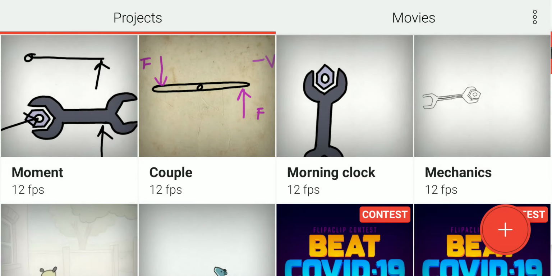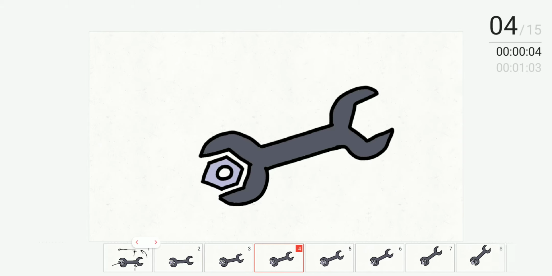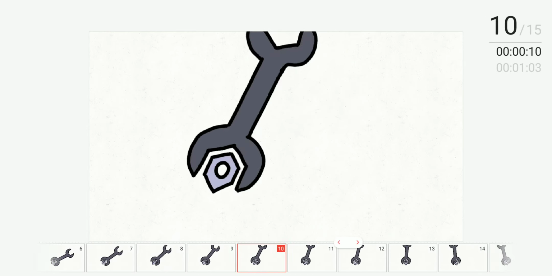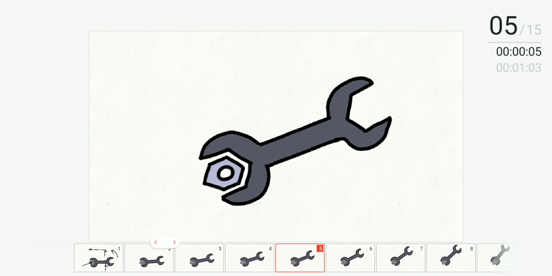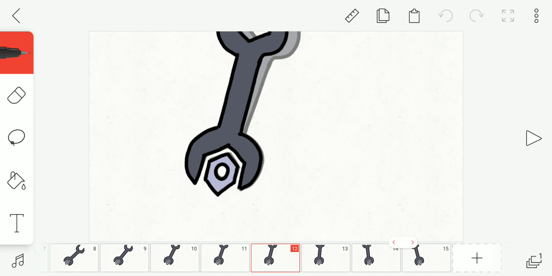You have seen very clearly what happened to the wrench. The wrench started rotating in anti-clockwise direction. When I apply the force, it is moving in anti-clockwise direction.